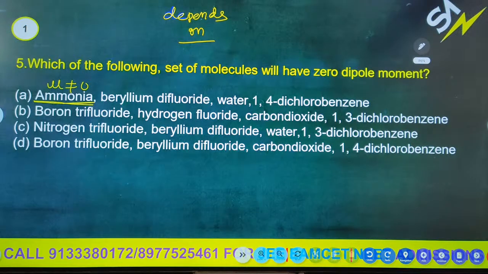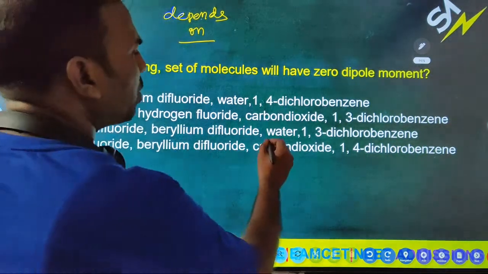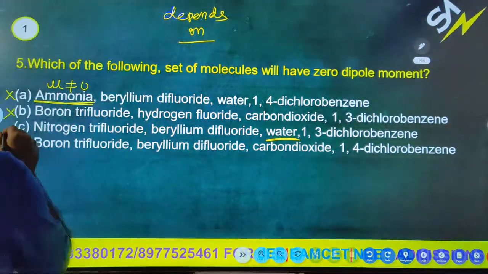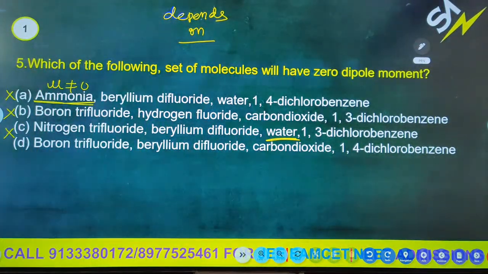Here hydrogen fluoride is polar, so mu is not equal to 0. So this option is also wrong. Now the next: nitrogen trifluoride, beryllium difluoride, water, whose dipole moment is not equal to 0. So this option is also wrong.